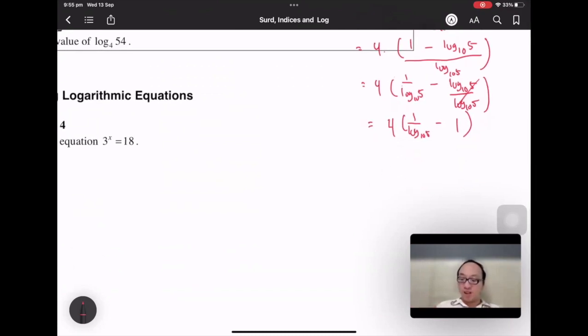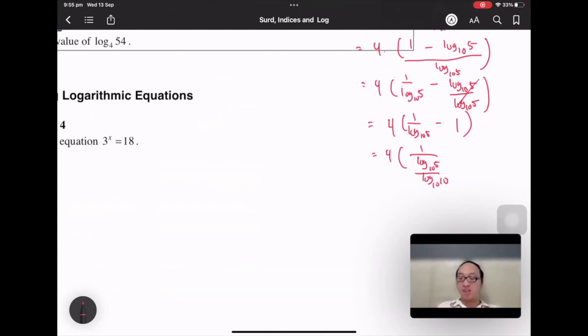And in here, I can change 1 over log, where the base is 10 and 5. So I can rewrite as log to the base of 10 of 5 over log to the base of 10 of 10.